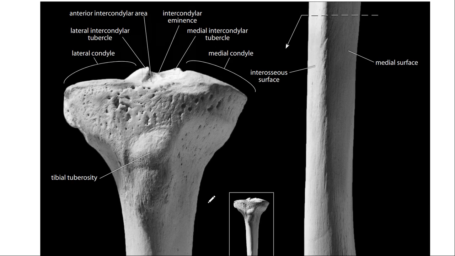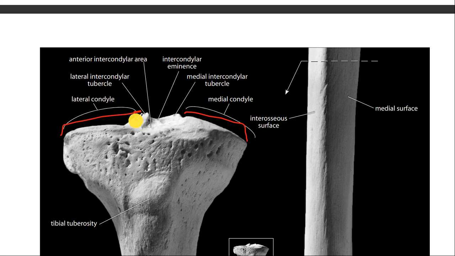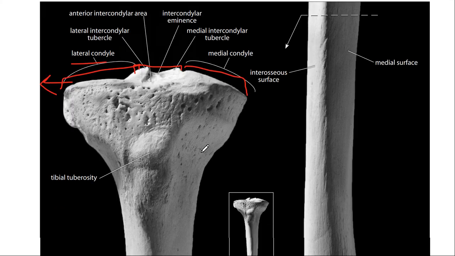So now you can see the difference. This represents the medial condyle, and before this intercondylar eminence, the plateau-like structure directed laterally outside is the lateral condyle. Fine.